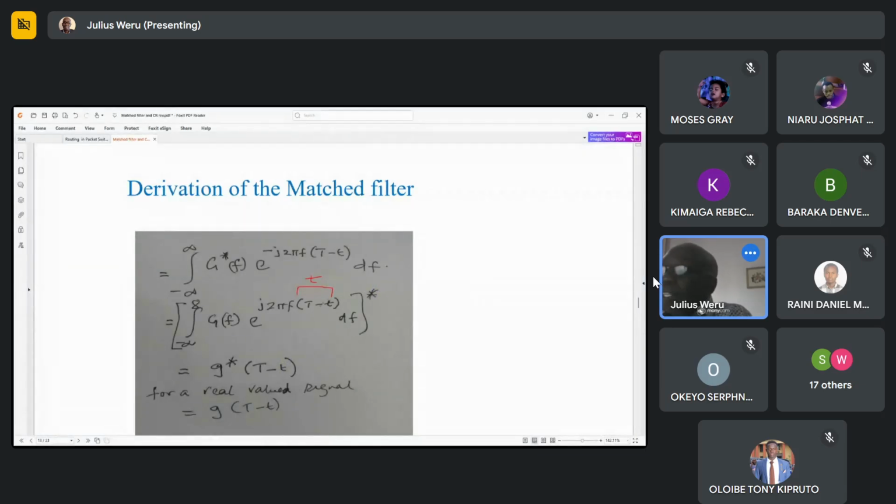This is taking the part of the t, this equation. And of course for our real-valued signal, it is simply time inversed and delayed by t. For a complex signal, it is simply time inverse, delayed, conjugate. And that is the derivation of the matched filter.